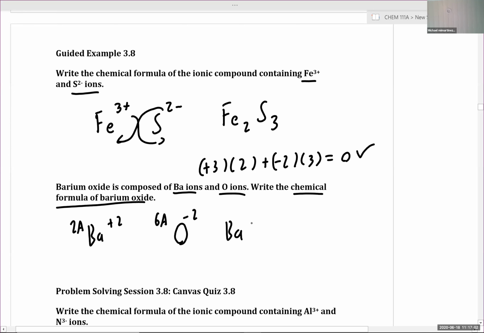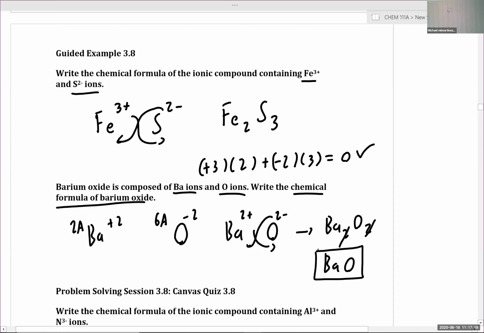So for barium 2+, oxygen 2-, we cross our charges, and that gives us Ba2O2, which we can simplify to barium oxide. Does this process make sense to everyone? Any questions on these examples?